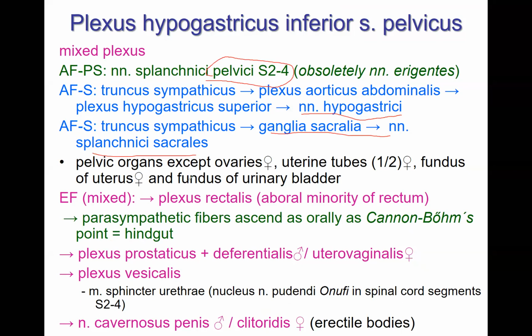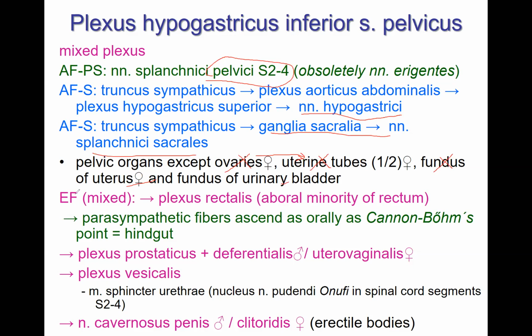It supplies all the pelvic organs except the ovaries, which descended, the part of the uterine tubes which is supplied from the ovary, yeah, and then the fundus of the uterus and the fundus of the urinary bladder, which are also supplied from here.